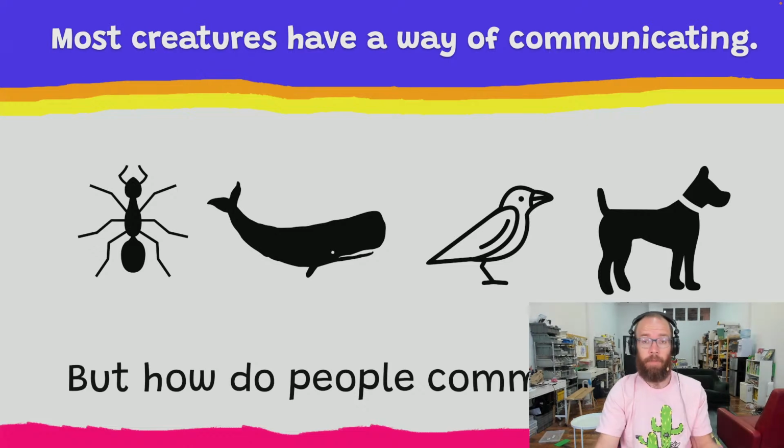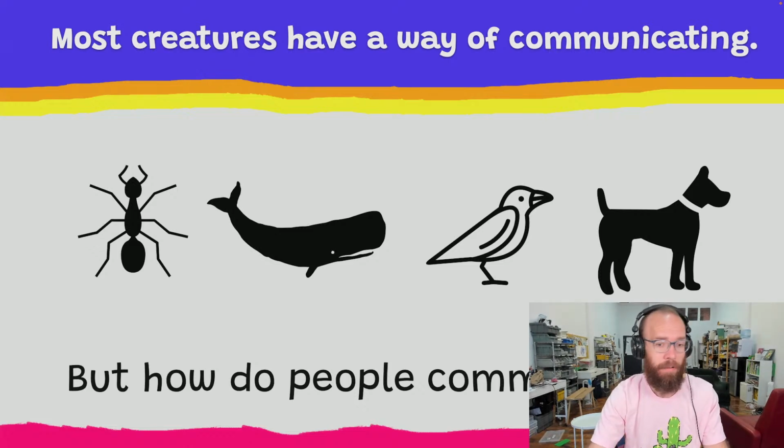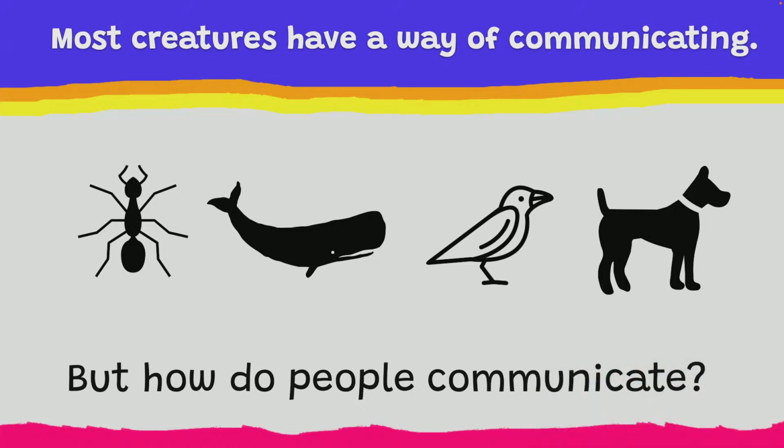And like most of the lessons, we go into a bit of natural science first. So we're going to look at other animals. Most creatures have a way of communicating. I'm sorry if I did this slide in another presentation. I forget if this shows up again or not.